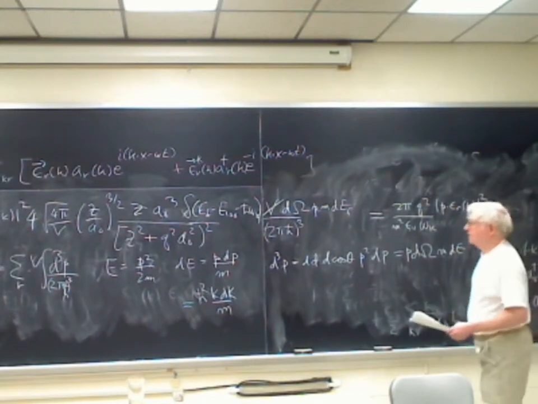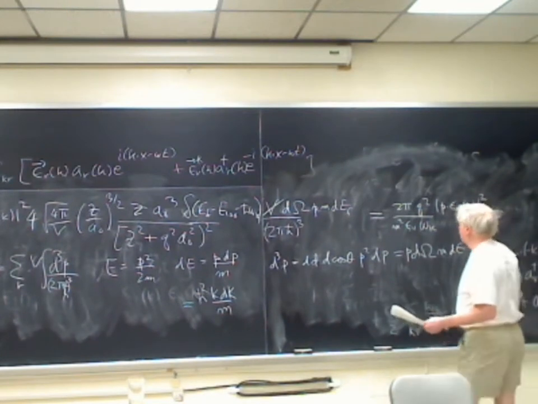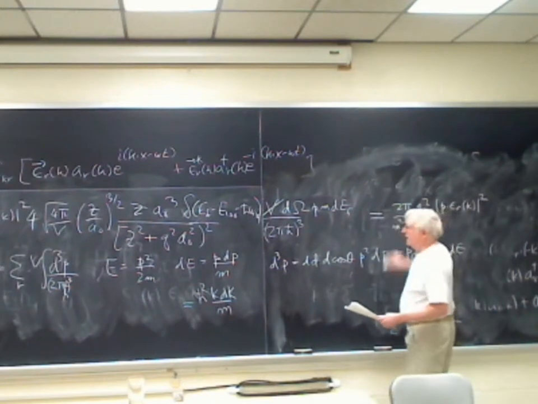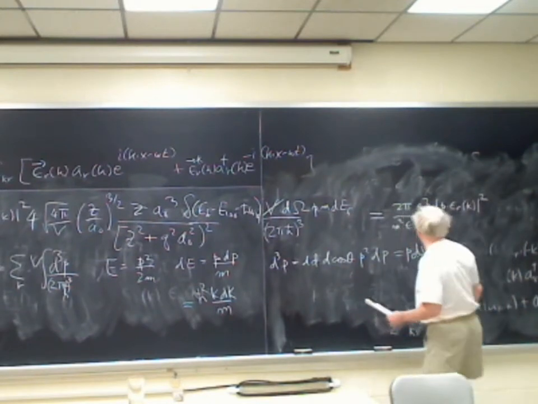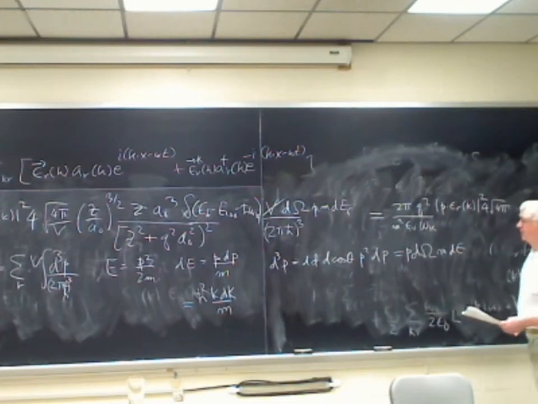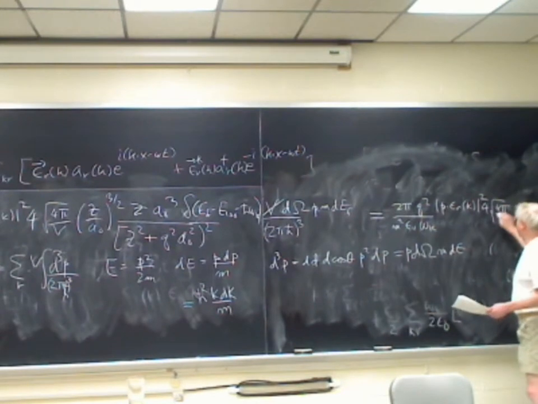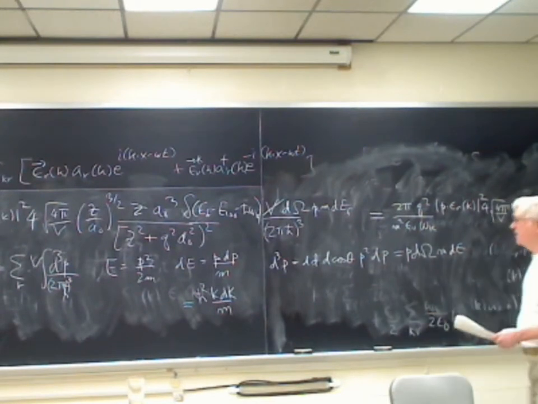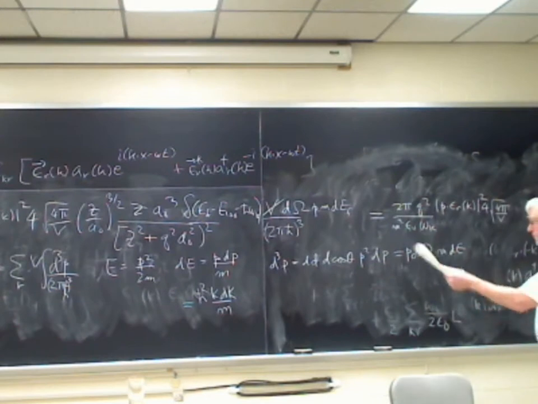Let's see, we've got also a 4, square root of 4 pi. Let me just put that in. Actually, it's square root of 4 pi over v, because we didn't cancel the v from the square root there.